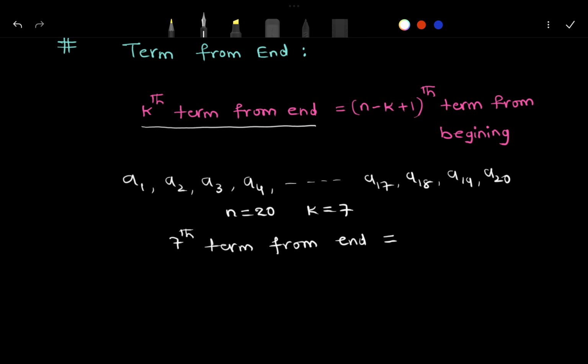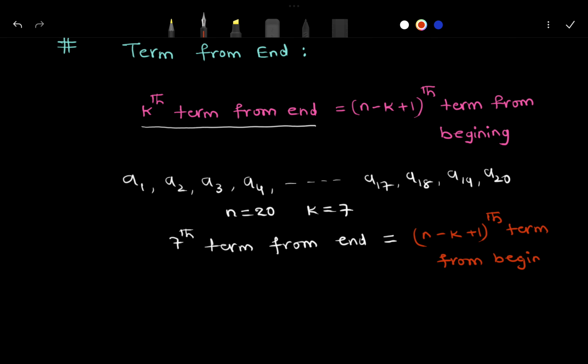The formula I gave is the n minus k plus 1th term from the beginning. Now substitute the k value and the n value.